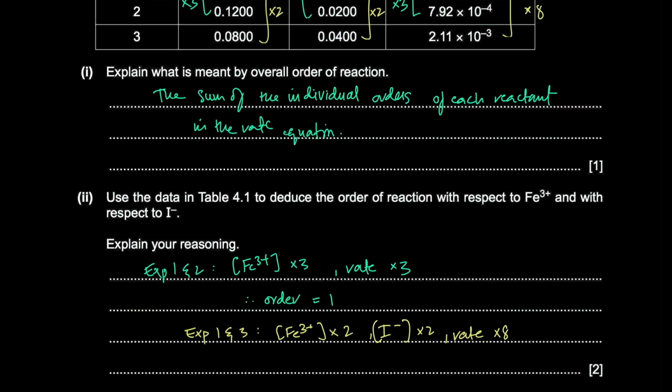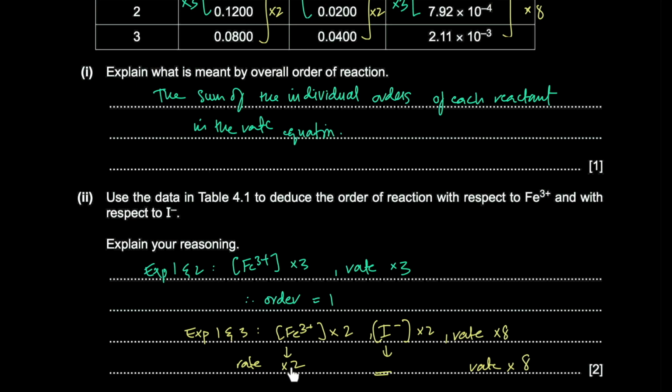Now, what does that mean the order is with respect to iodide ions? We know that the reaction is first order with respect to iron 3, which means that if I multiply the concentration of Fe3+ by 2, the rate would also multiply by a factor of 2. We don't know the effect of iodide ions. However, we know that the overall effect on the rate is that it increases by a factor of 8.